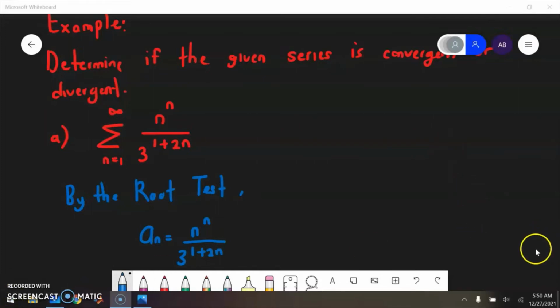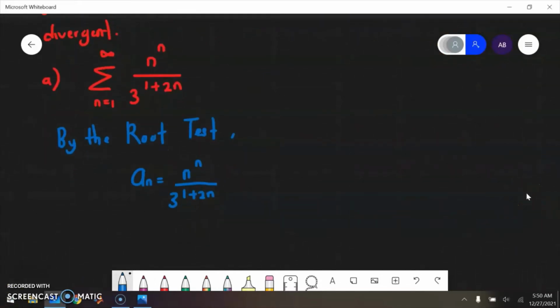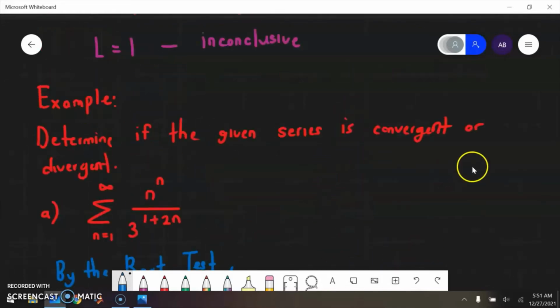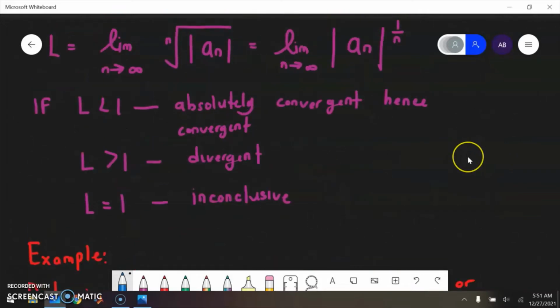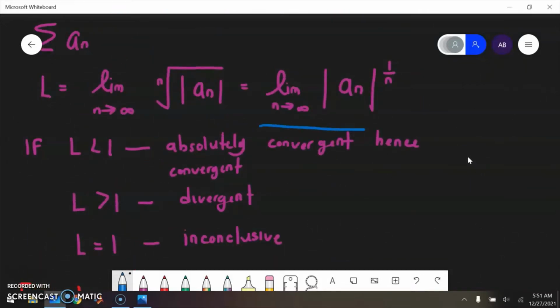So what we can say here is L equals the limit as n approaches infinity of the absolute value of a_n to the power of 1 over n. That's the definition for the root test. That's what I'm using.